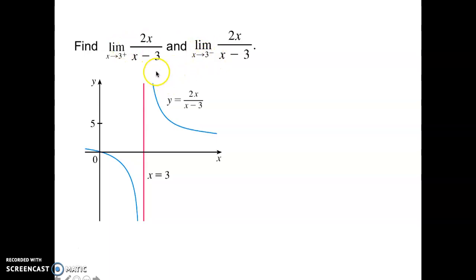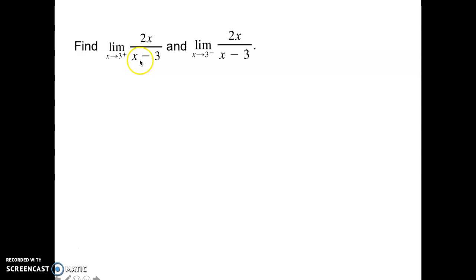Now the other way we could do this is we could look at the function and say, let's look at a value, say we didn't have the graph. Let's look at a number close to 3 from the positive side. So close to 3, but a little bit bigger than 3. So let's say 4. If I said 4, the numerator would be positive, the denominator would be positive.